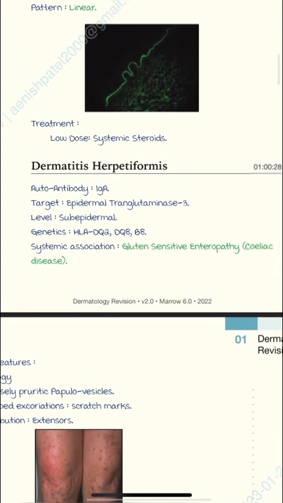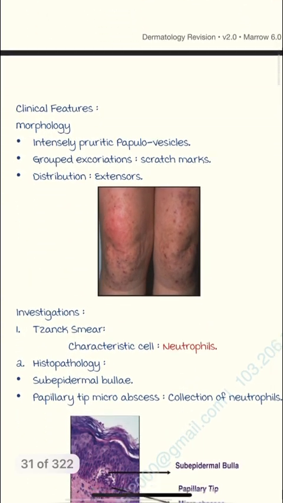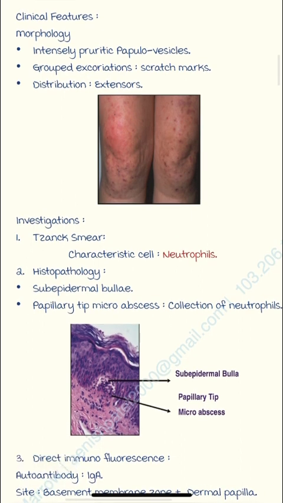Systemic association is with gluten-sensitive enteropathy, which is celiac disease. Clinical features: in morphology, intensely pruritic papulovesicles are seen, with grouped excoriations, distributed over an extensive surface.